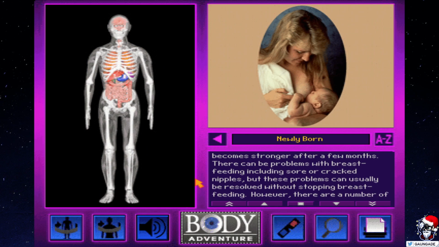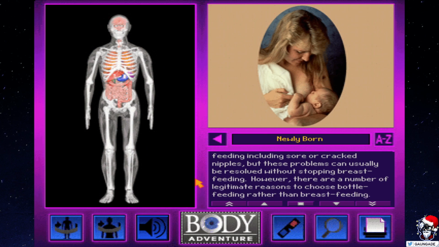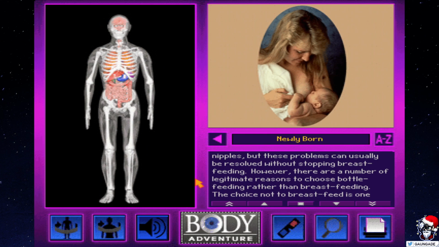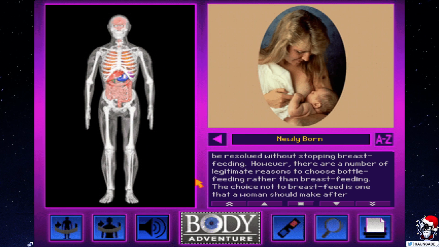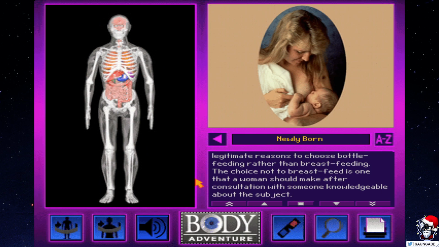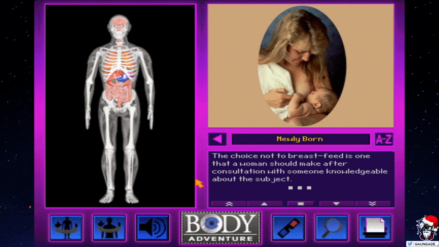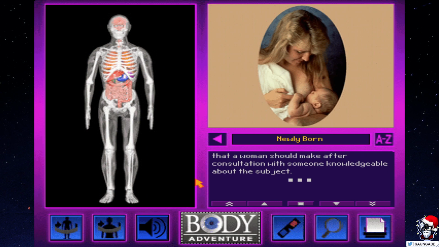There can be problems with breastfeeding, including sore or cracked nipples, but these problems can usually be resolved without stopping breastfeeding. However, there are a number of legitimate reasons to choose bottle feeding rather than breastfeeding. The choice not to breastfeed is one that a woman should make after consultation with someone knowledgeable about the subject.